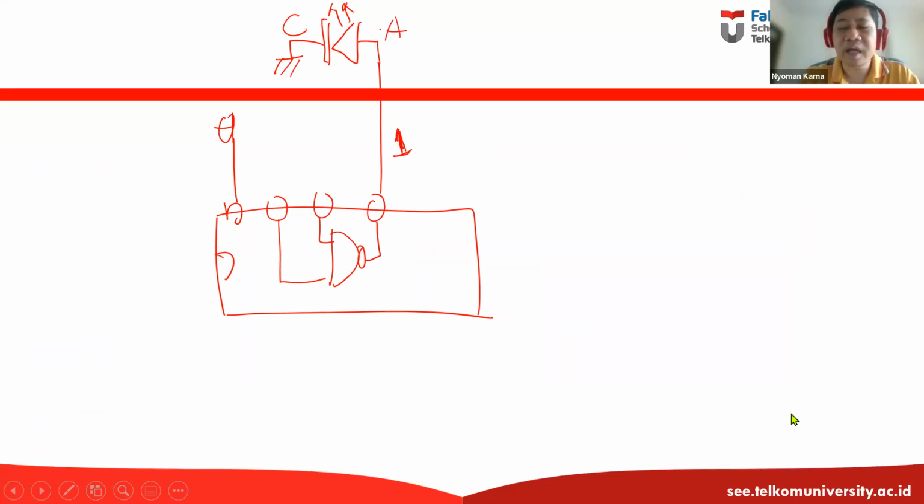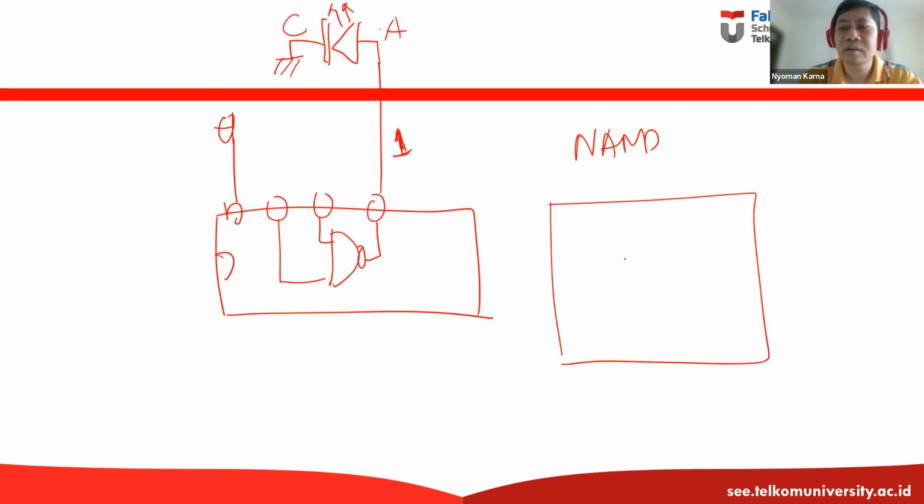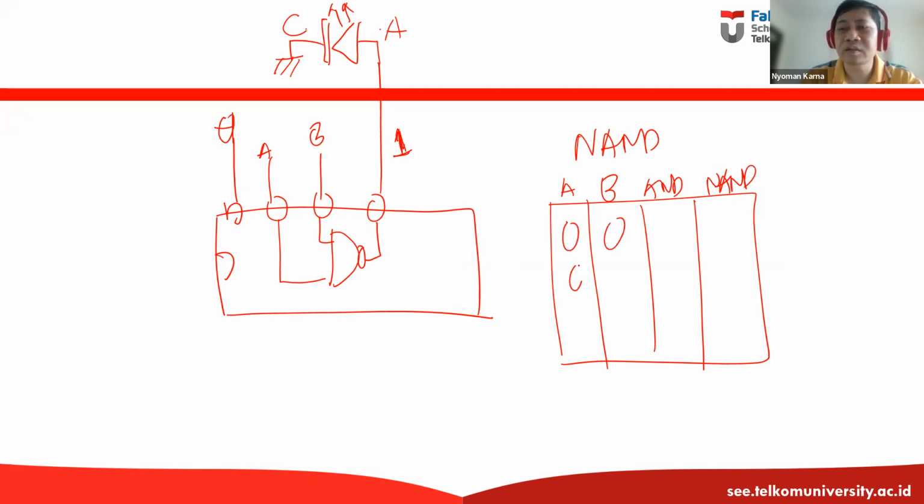To give a NAND gate an output of 1, let's say this one is A and this one is B. A, B, and then this is the NAND: 0 0, 0 1, 1 0, 1 1.